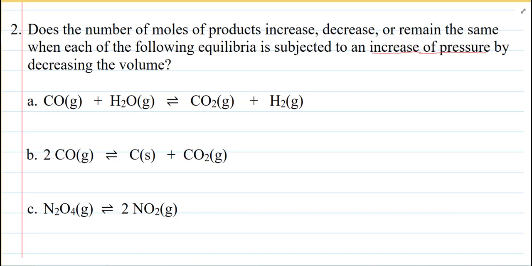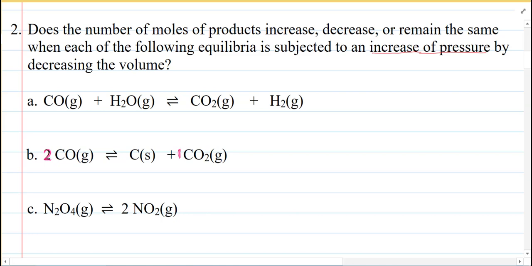So let's look at B first. And the reason I'm going to look at B first, I have 2 moles of CO gas, a solid, and I have 1 mole of CO2 gas.